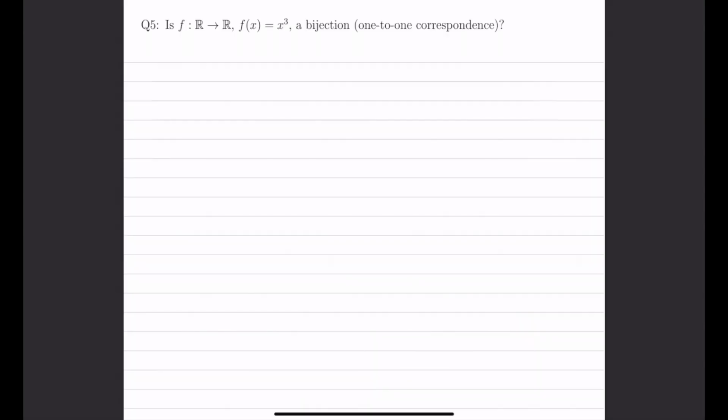In question 5, we check whether the cube function is a bijection, or a bijective function. So recall a function is a bijection if it's onto and one-to-one. So let's first check whether it is one-to-one.